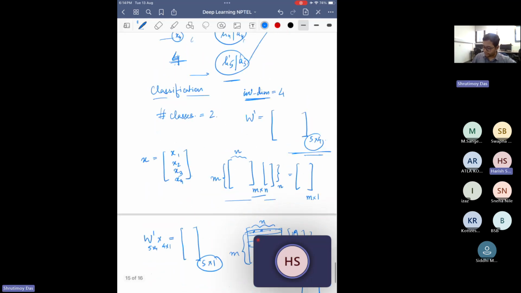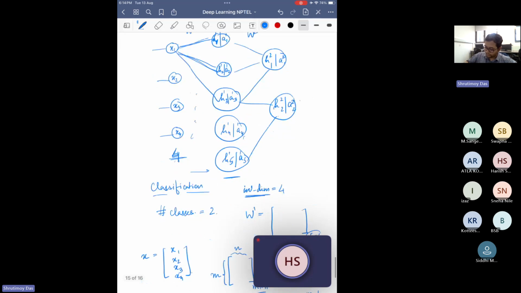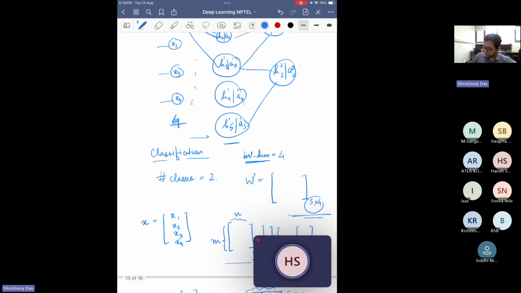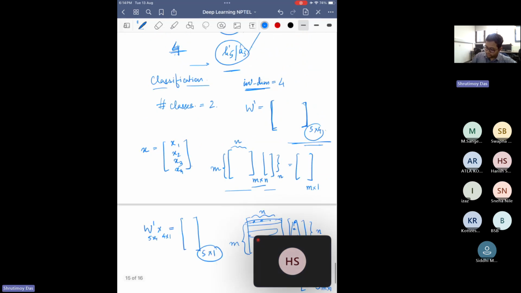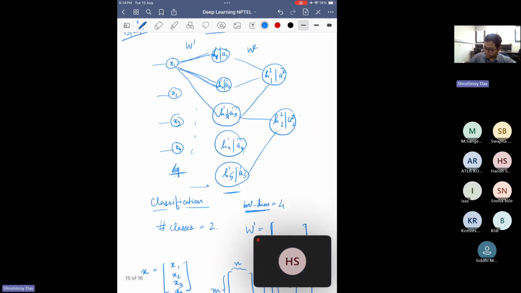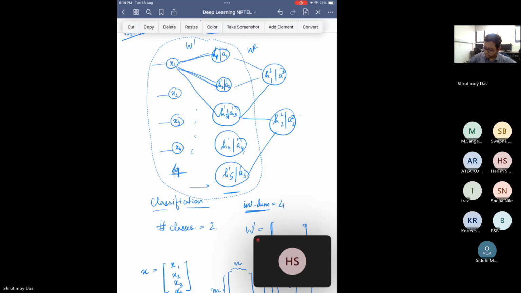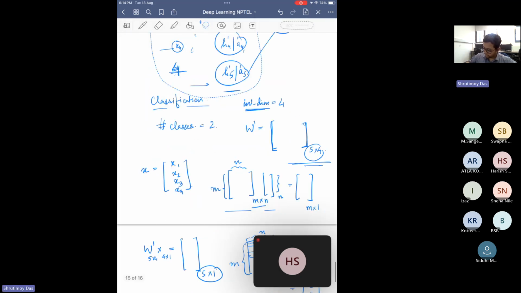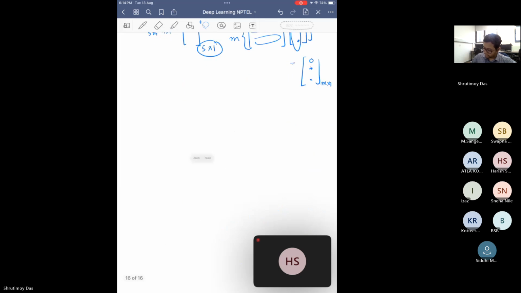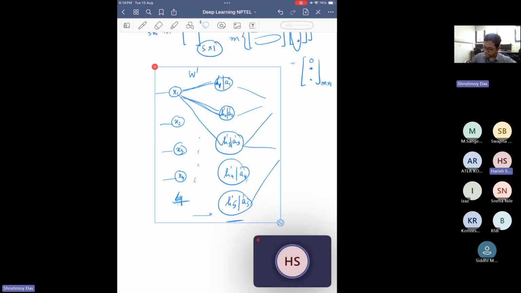So before going on, what will be the entries of this weight matrix? I am drawing this, copying this part. So we have this part, right?